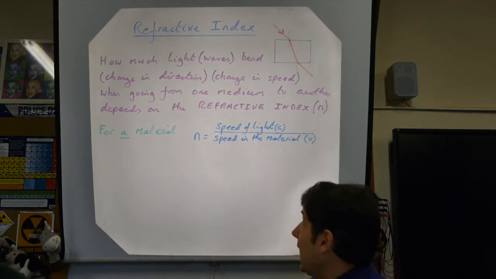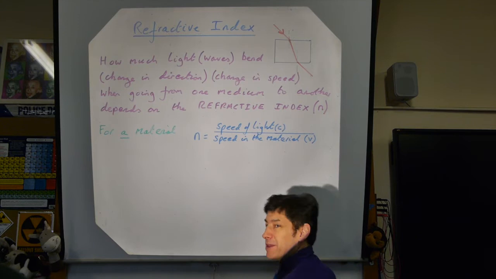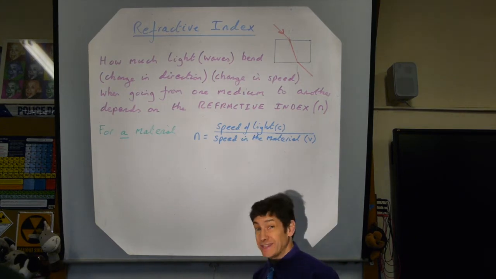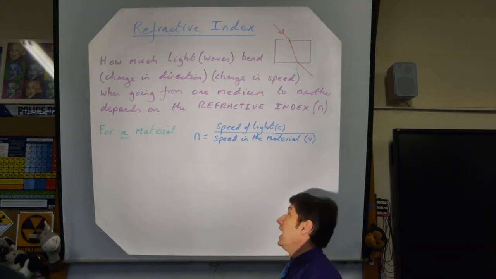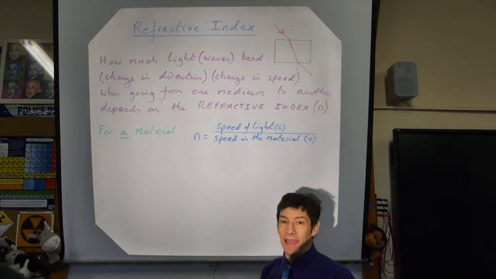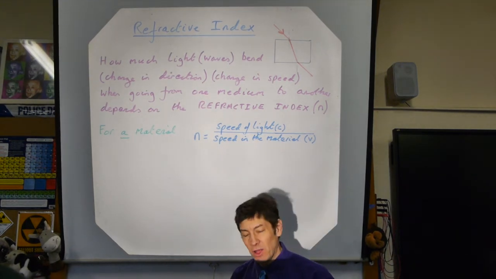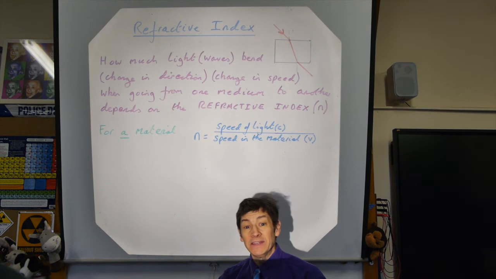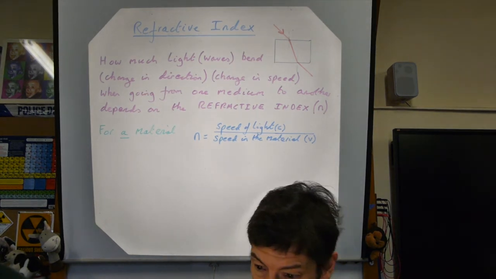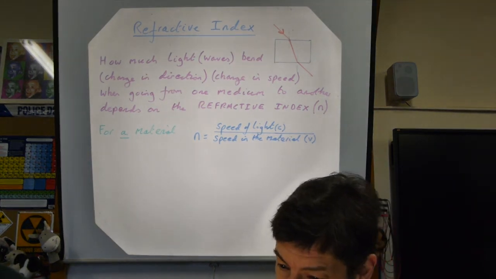We're going to be a bit careful about that because unfortunately we're going to come across something called the critical angle fairly soon in this lesson, and the critical angle is given the letter C as well, but I'm going to be really careful to give that a capital C. So let's just remind ourselves of these numbers.